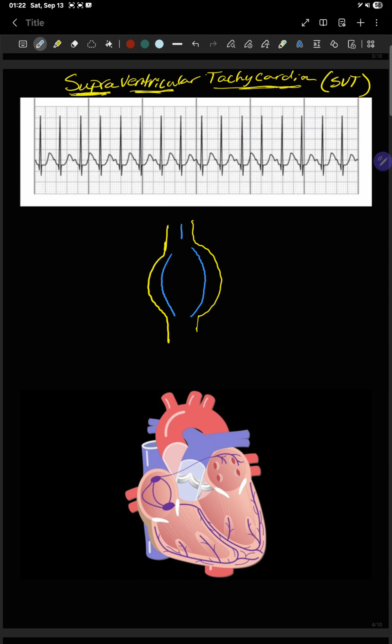Okay, and so when a signal comes in, it can go down one of these.